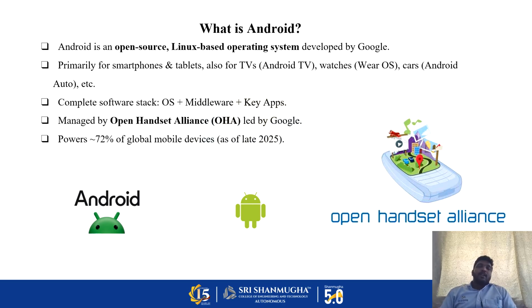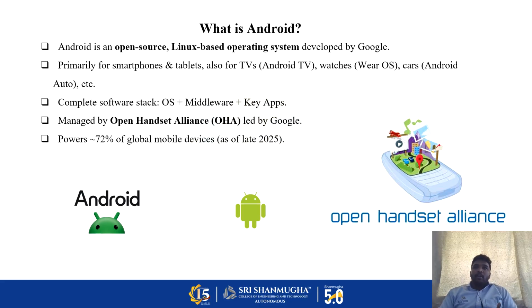As of early 2026, Android holds approximately 70 to 75% global market share, with billions of active devices worldwide. See this green robot on the screen: it is the Android mascot, symbolizing openness and fun. So why open source? It is licensed under Apache, so manufacturers like Samsung and Xiaomi can customize it heavily.